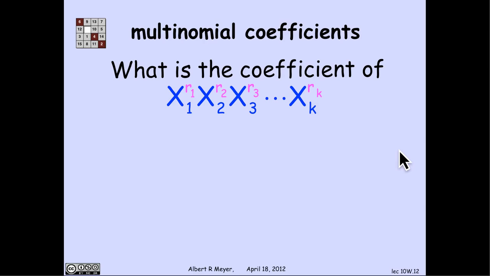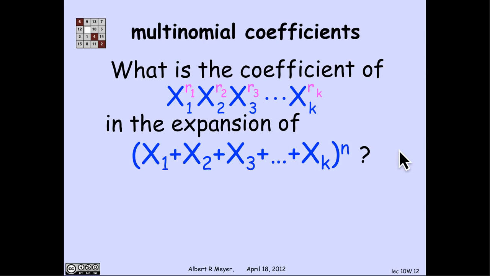So more generally, this is what the multinomial theorem says. If I look at the coefficient of the term, a product of x_i to the r_i's, in an expansion of a k-nomial, a sum of k distinct variables raised to the nth power. Now if I expanded this out using the distributive law without collecting terms, I'd have k to the n terms, each of which was a permutation of the x1s through xk's with repeats.